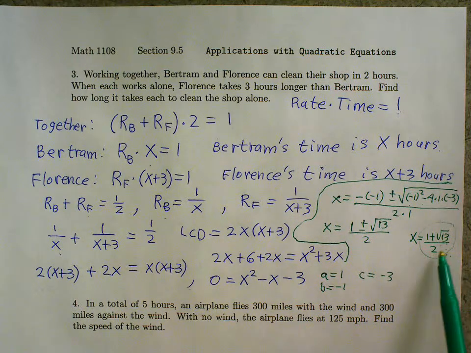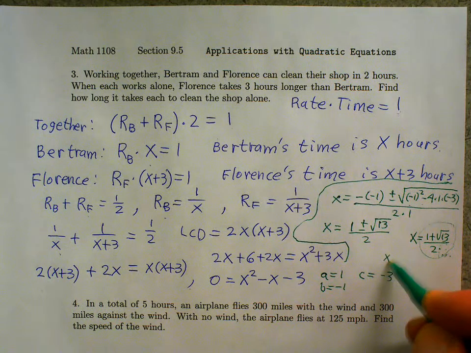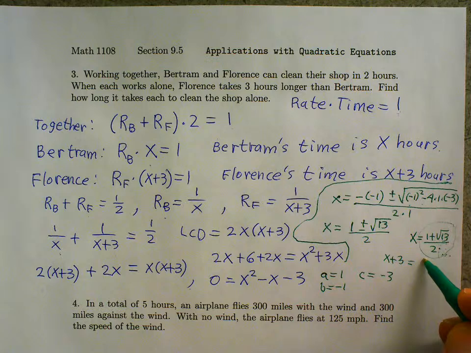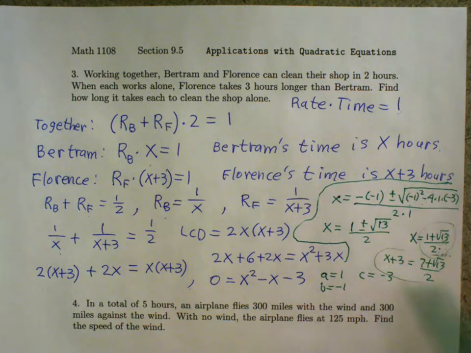So Bertram takes 1 plus the square root of 13 over 2 hours, and Florence just add 3 to that. So when we add 3, that's 6 over 2. So we would get 7 plus the square root of 13 over 2 for Florence.